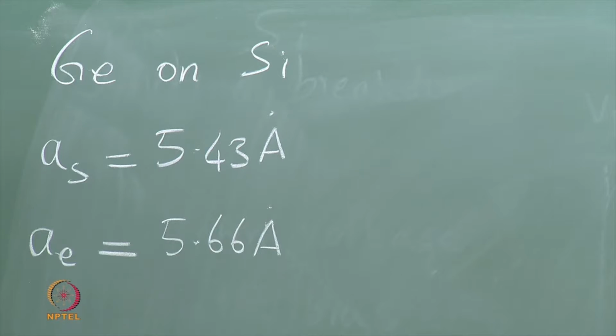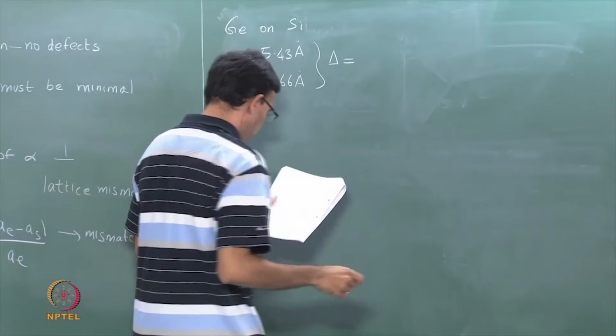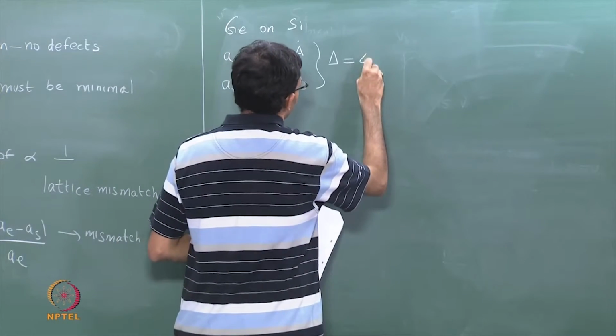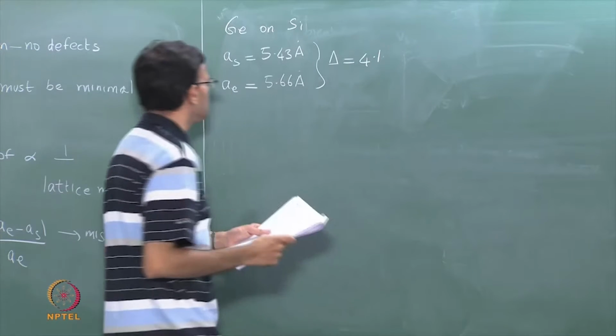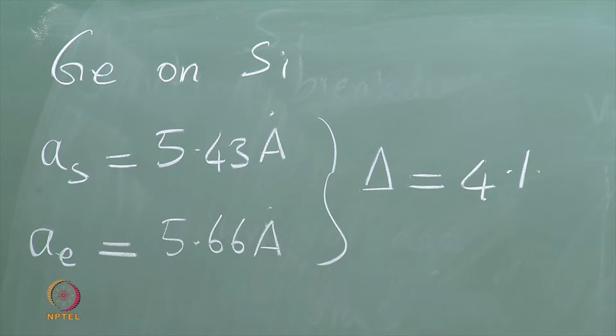In this particular case, the mismatch delta, if you try to put it in percentage, is 4%. So, it is nothing but AE minus AS divided by AE.